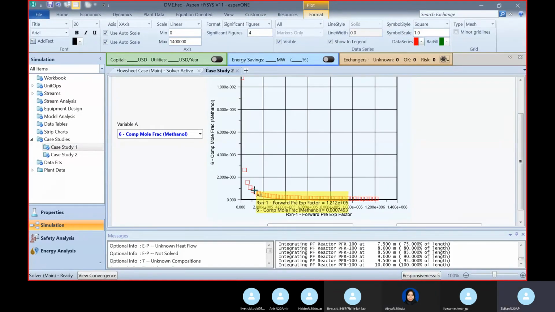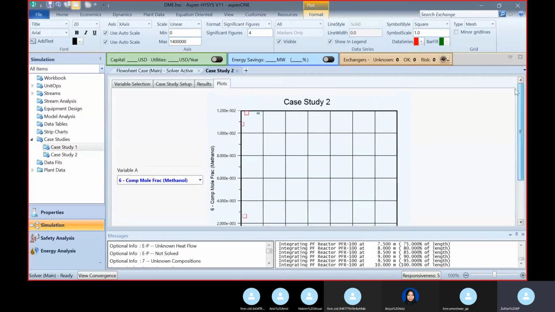It's about 20%, which is 0.2. So it's actually probably less than 1,000, or less than 20,000 for sure. You can try to rerun this case study.